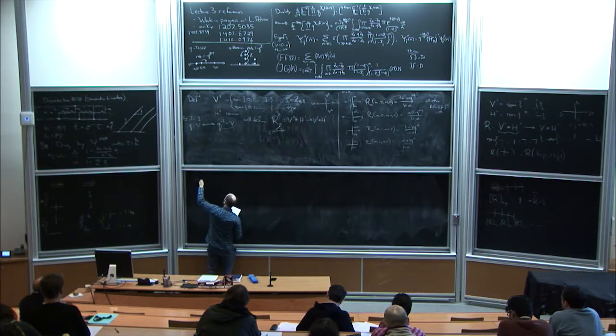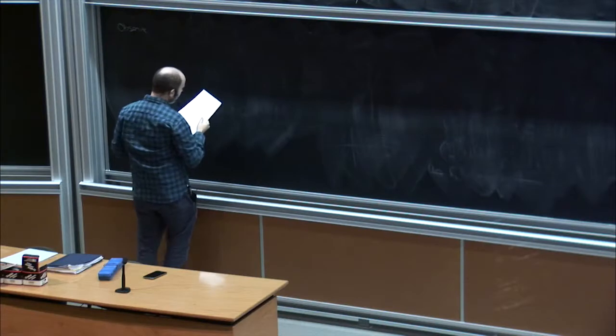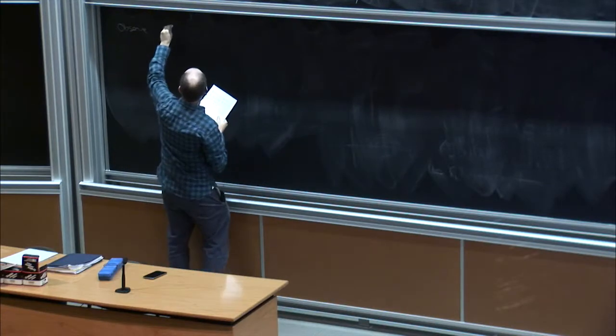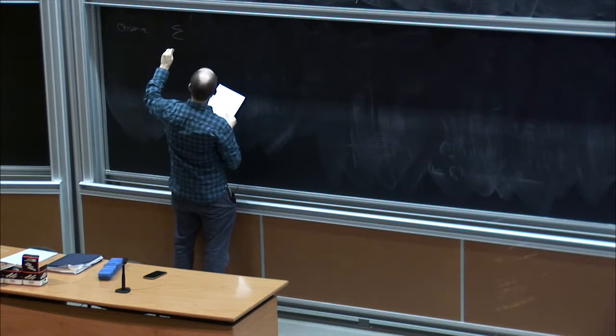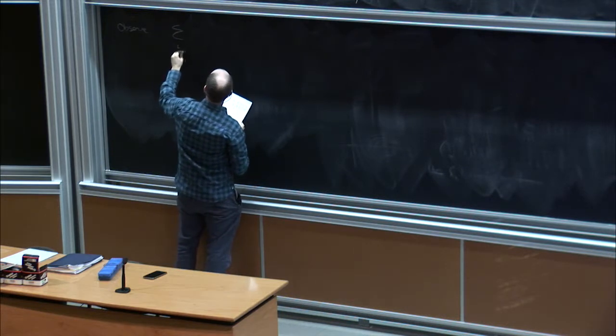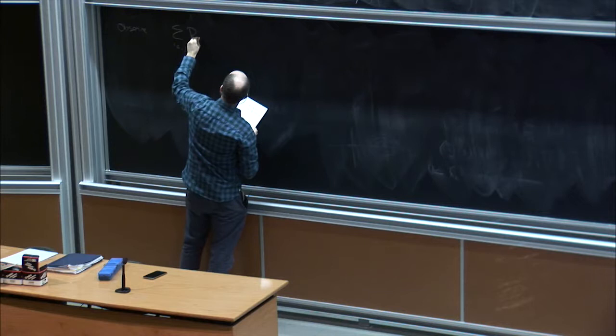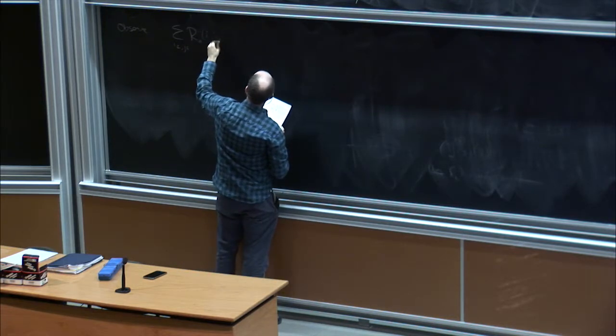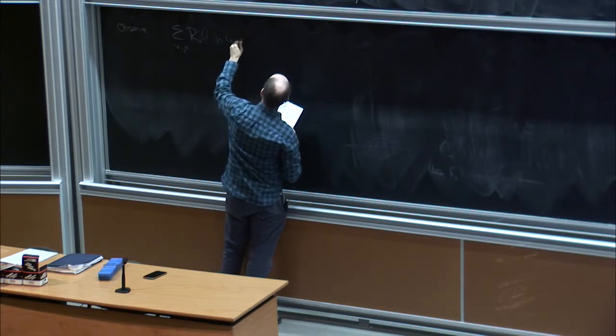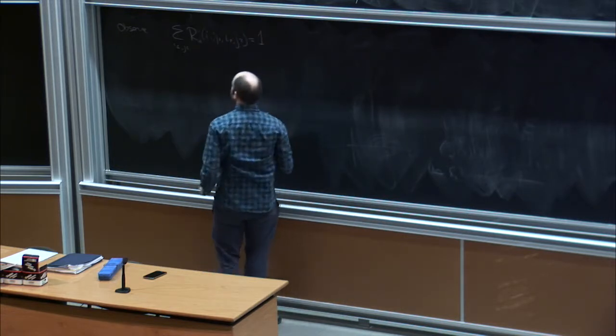Observations. So one observation is that these R's are stochastic. In other words, if I fix I1, J1 and I sum over I2, J2, then my R alpha, I1, J1, I2, J2 is equal to 1.